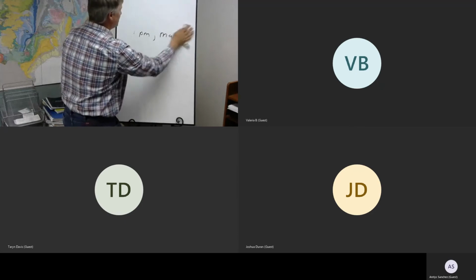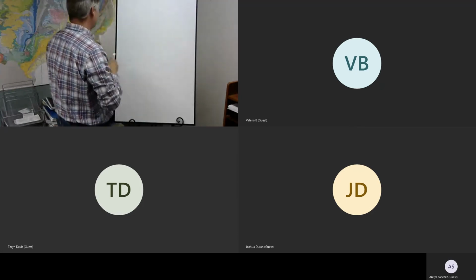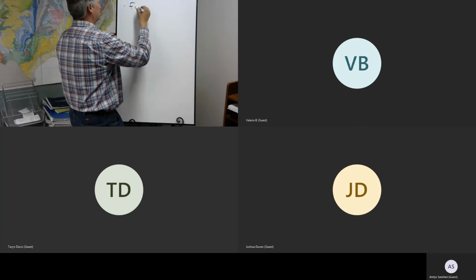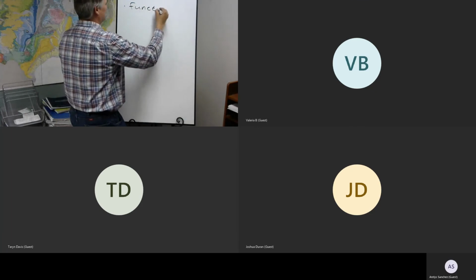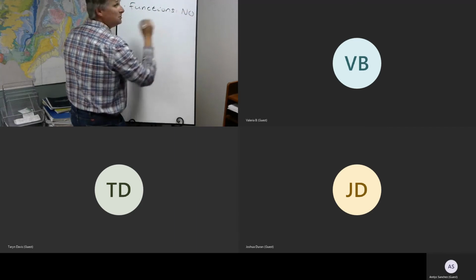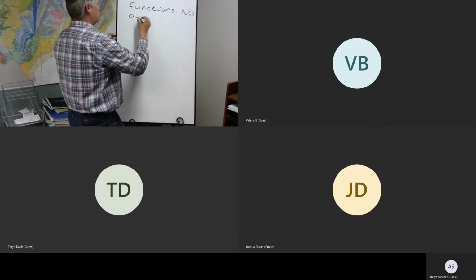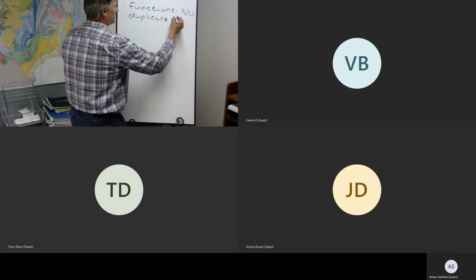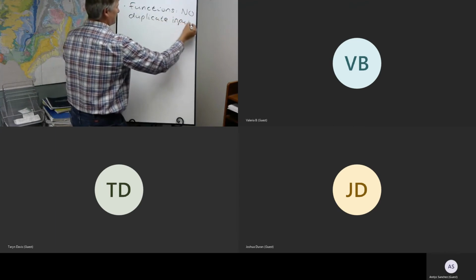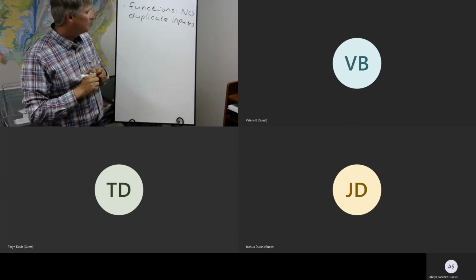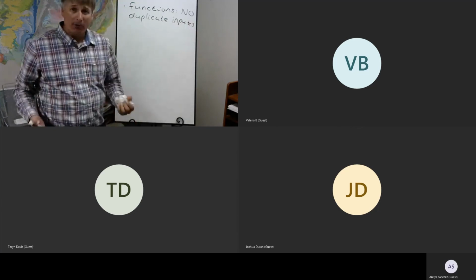So the key thing with functions: no duplicate inputs. Now, what about duplicate outputs?